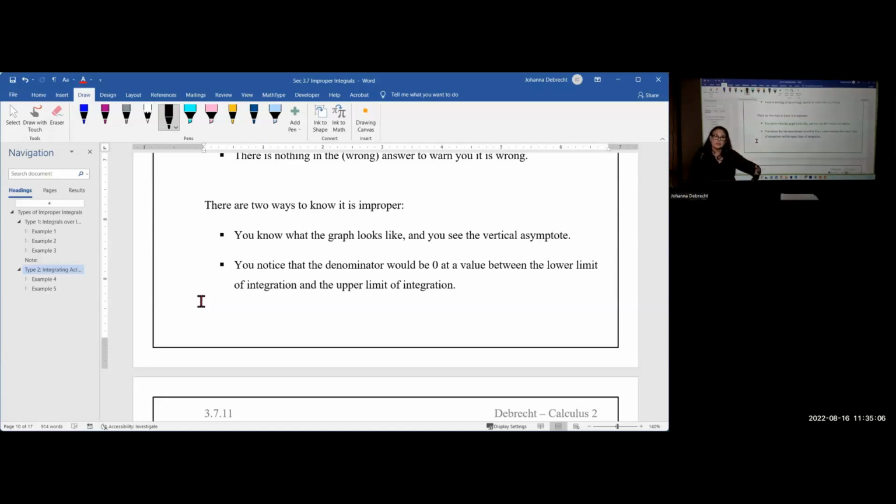Now, the example we just did, 1 over x squared plus 4, there is no value that causes it to be undefined. And so there can't possibly be a type 2 improper integral with that integrand. But yours may be something different, 1 over x minus 4, and then you would have a problem if x were 4. So you notice that there's a value that causes the denominator to be 0, and it's between the limits of integration. Then we have a problem.